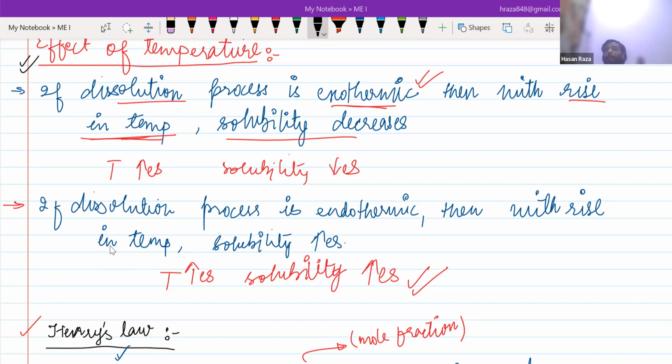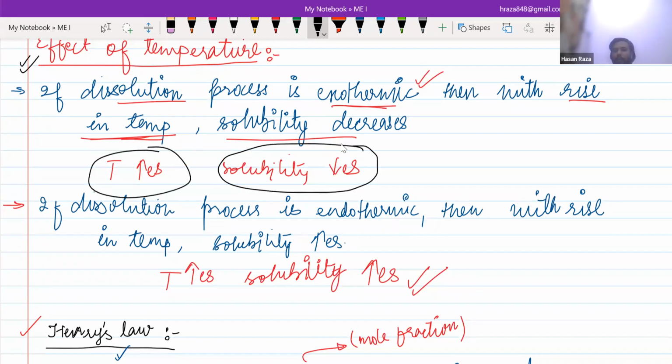And in summer, temperature rises. So if the temperature rises, the solubility of oxygen in water decreases. So basically, a proper amount of oxygen does not dissolve in that water. That's why they feel uncomfortable.